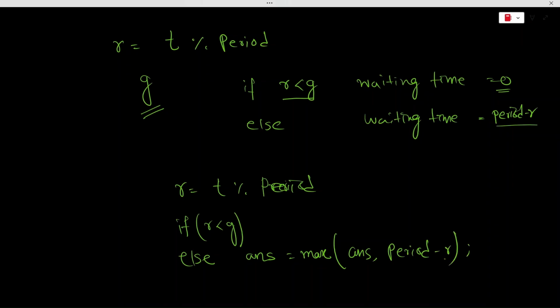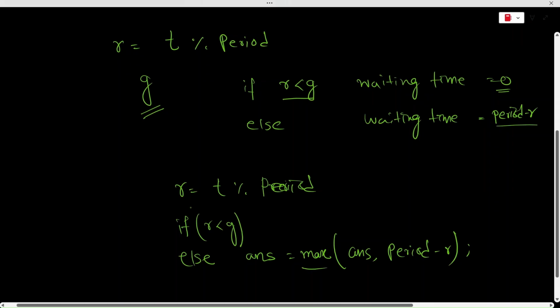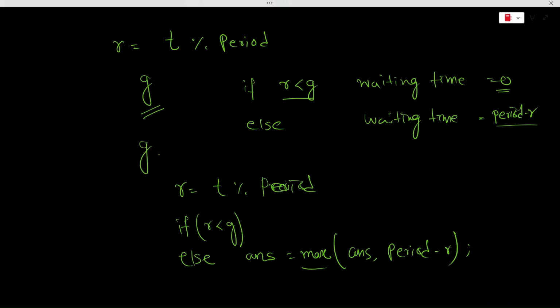So we need to minimize the maximum waiting time, that's why we need to do the max over here. And to get the g, we just need to find the maximum value in the lights array. So g will be nothing but the max element in our lights array.